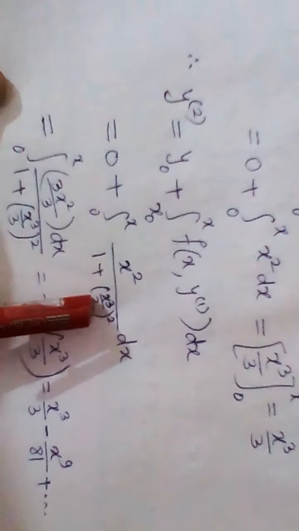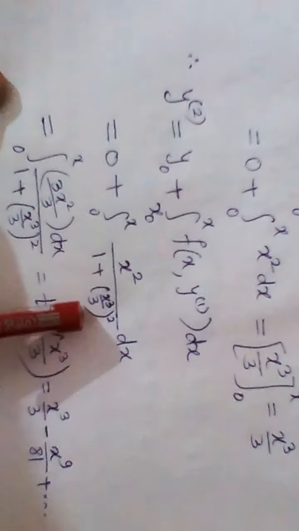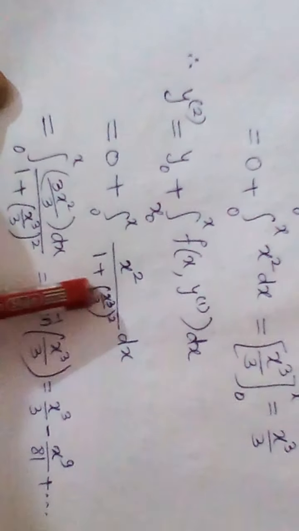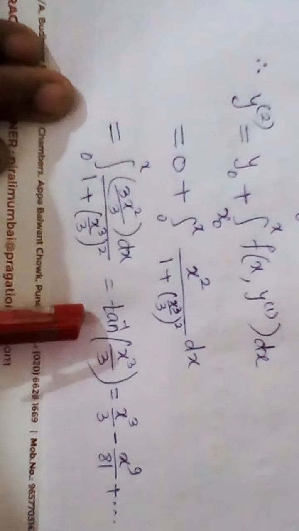So you can observe x cube, if I put it as t, then its derivative is going to be 3x square. So why not call this x cube by 3 as my t? If I put x cube by 3 as my t, then its derivative will certainly be x square dx. So we are putting this x cube by 3 as a t, and you are observing its derivative I have shown over here, and its integration goes to tan inverse of the variable.